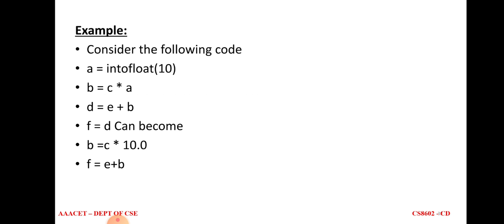So that is nothing but 10.0, which was assigned to A. So directly we can assign the value for A. So B is equal to C multiplication 10.0. And the last one is F is equal to D. So for D, we can write directly E plus B. So the above 4 lines can be rewritten using 2 lines.